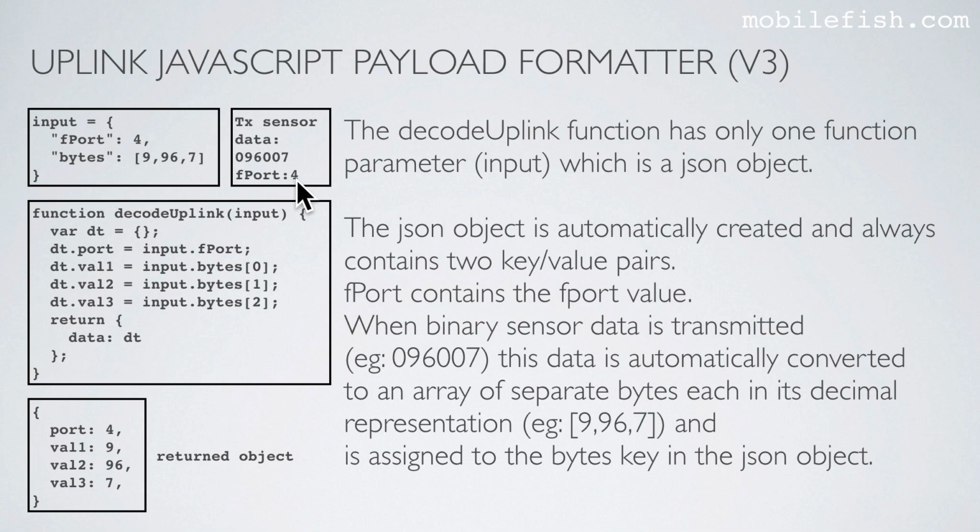When binary data is transmitted, for example 096007, this data is automatically converted to an array of separate bytes, each in its decimal representation. So 09 becomes 9 decimal, 60 hex value becomes 96 decimal, and hex value 07 becomes 7 decimal. And this array is assigned to the bytes key in the JSON object.